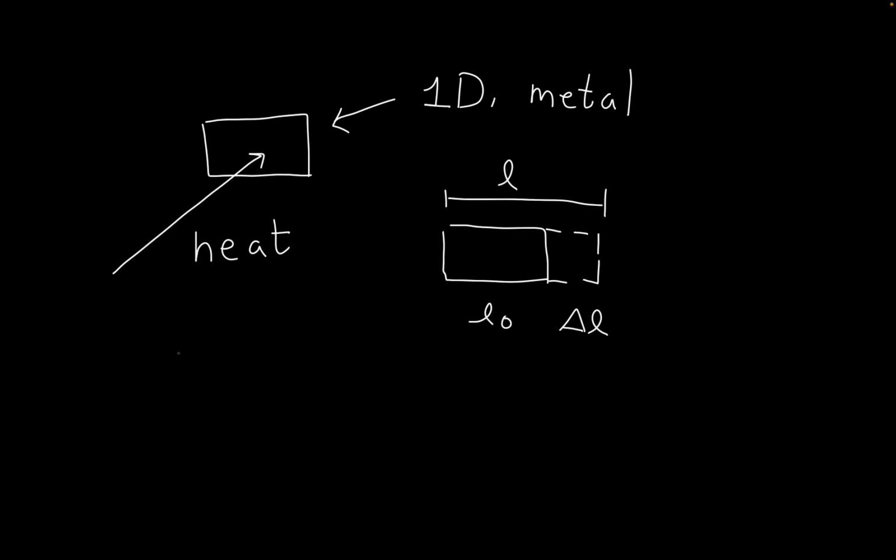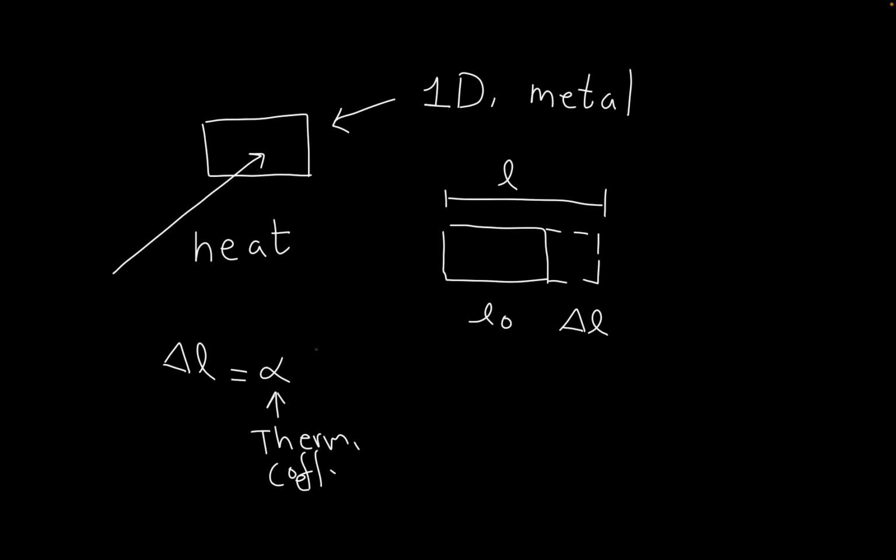So this behavior is actually modeled by an equation. The change in the length is equal to alpha. Alpha is called the thermal coefficient, and it's largely dependent on the type of metal you're dealing with.